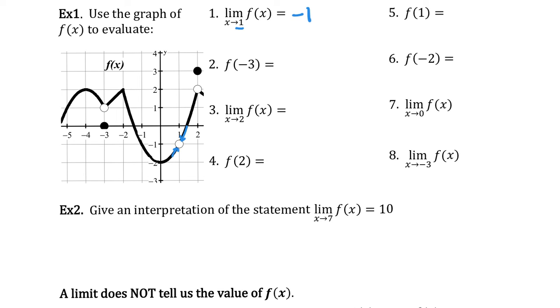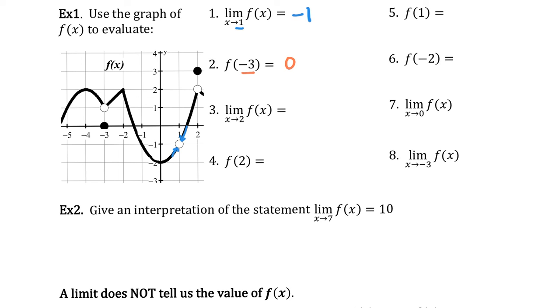The next one, for number 2, it says f of -3. So at x equals -3, I want to know what the actual y value of the point plotted there is. So -3 is right here. The actual point is right here. So this is -3 comma 0. So f of -3 is 0.